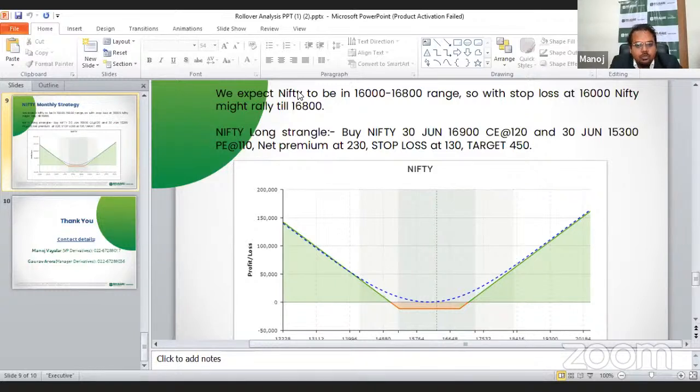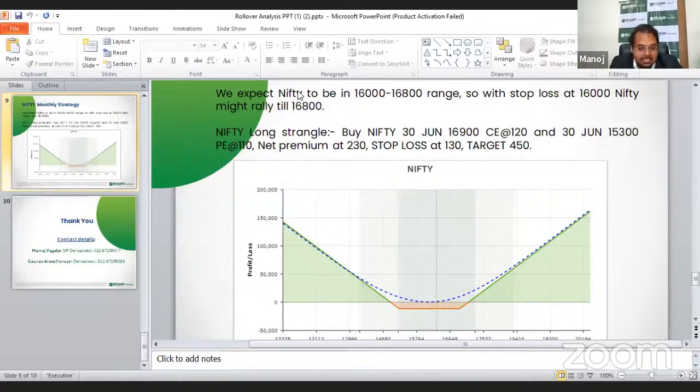Now, when it comes to the practical side, the first thing that we see is, whenever you have a view on the index or an underlying or a stock, and you have a target, if you have an option which is near to that target, there is something called gamma. Gamma is nothing but the amount by which your option premium would increase or decrease as you approach.